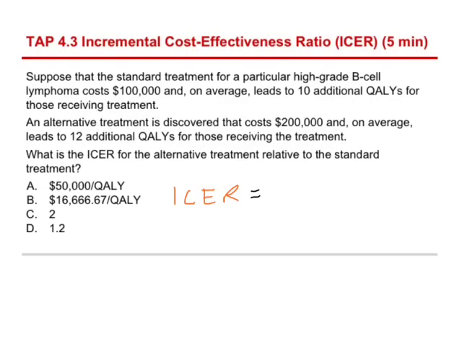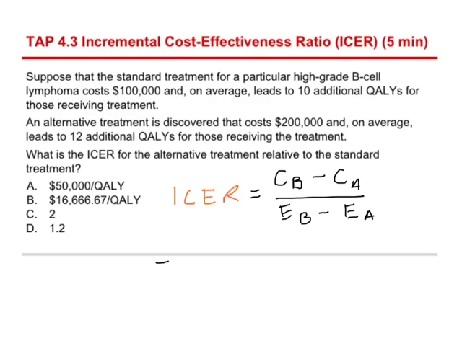Anyway, we remember that if we are comparing two treatments, let's say we're comparing B to A, the incremental cost effectiveness ratio is defined as the cost of B minus the cost of A, divided by the measure of effectiveness of B minus the measure of effectiveness of A.